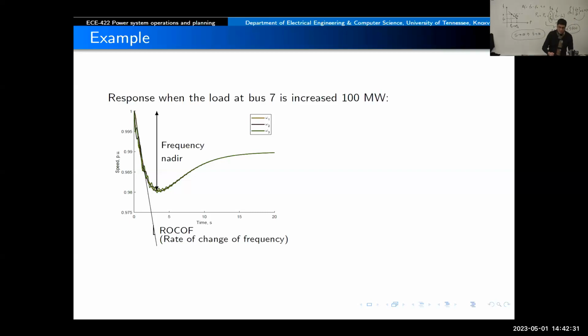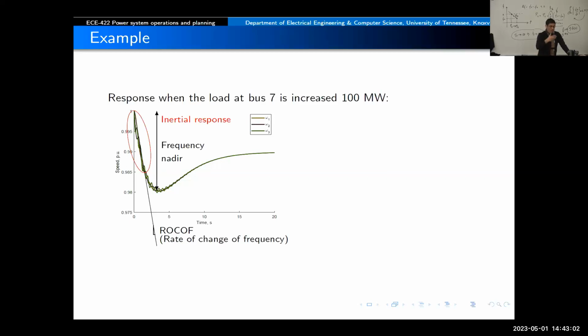So that's another characteristic. In a system with very large inertia, maybe this ROCOF is not going to be that significant. If you have more inertia, the slope is going to be smaller, which is attractive, and will give you more time to control the frequency. So that part right there is typically known as the inertial response, because basically we're balancing the load in the system using the kinetic energy from the rotating masses.